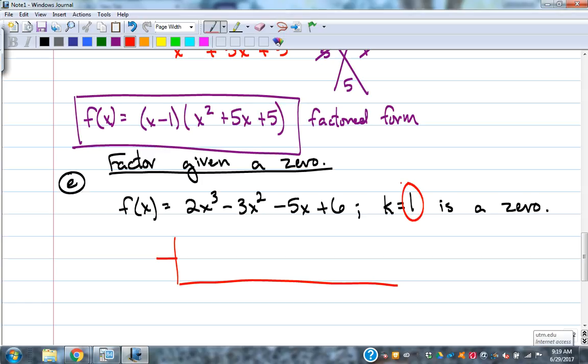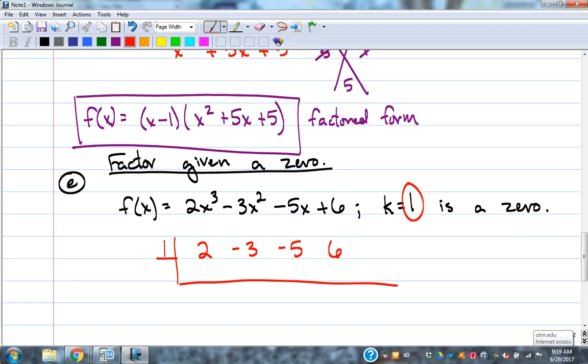Yeah, that 1 that's there, you don't change the sign when they tell you it's a 0. If they tell you it's a factor, you got to remember to change the sign. If they tell you it's a 0, then you don't. I'm setting up my synthetic. Got the 2, -3, -5, and 6.